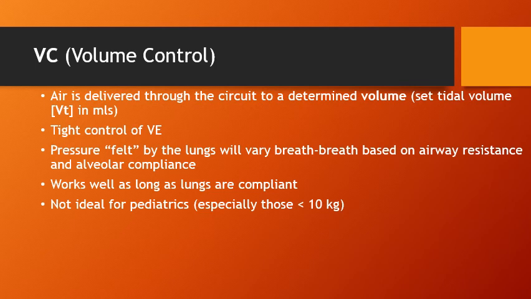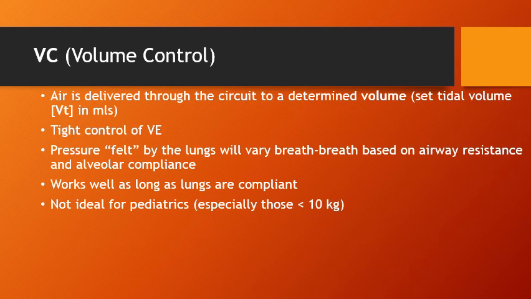So in volume control, the ventilator is going to blow air through the circuit to the patient until it measures that it has blown in whatever tidal volume we set. An advantage of this is that it allows us to control the patient's minute ventilation very tightly. If we know the patient is going to receive this exact tidal volume with every breath, that allows us to maintain really tight control of their minute ventilation.